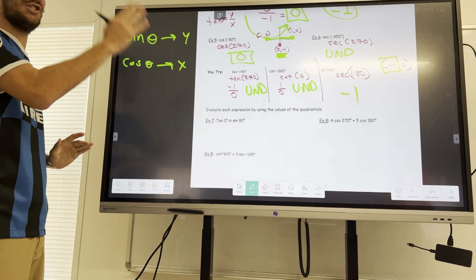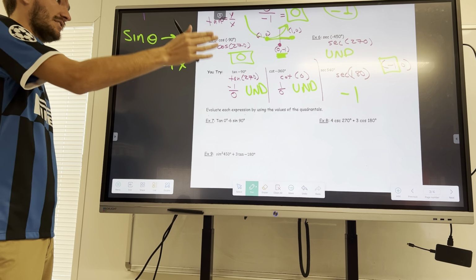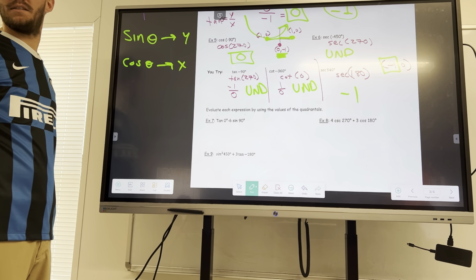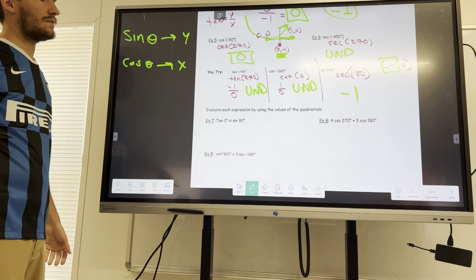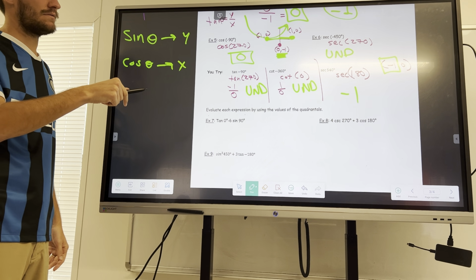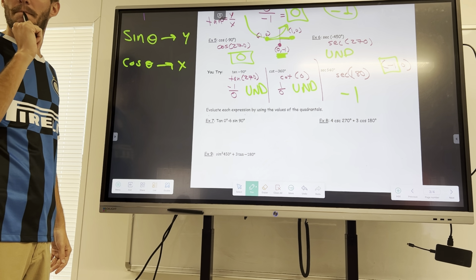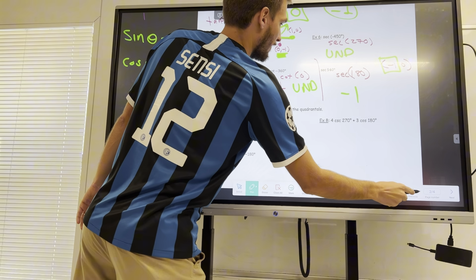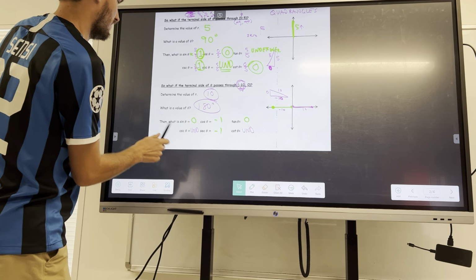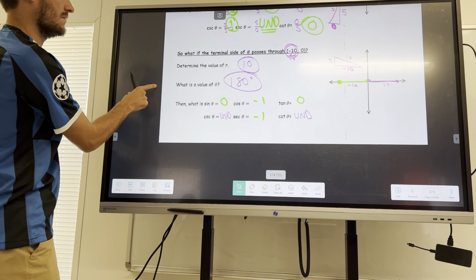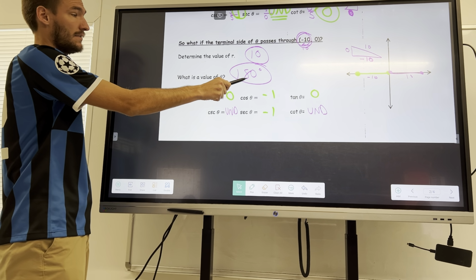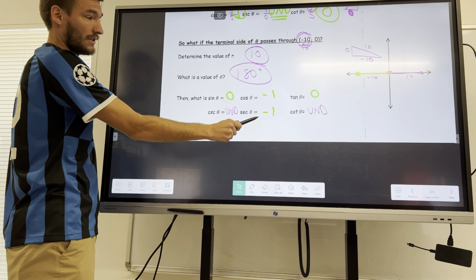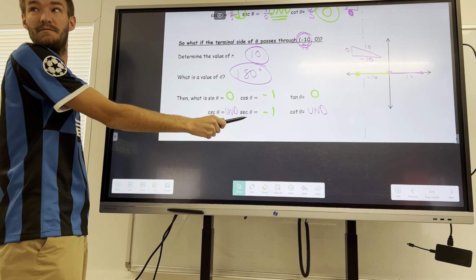If it's cosine, you just take x, done. If it's sine, you just take the y, done. So what would cosine be? The cosine of this one? Yeah, negative 1. Okay. So look here, 180 degrees. What was the cosine? What was the secant? Right? There we go. We did this question already.